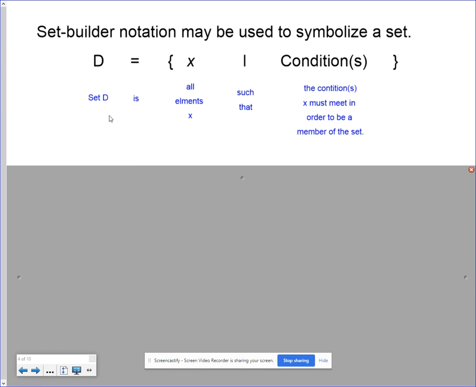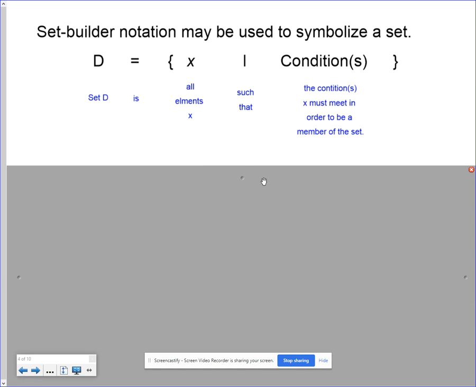Here's an example. We've got the set D. The equal sign means is. So this is read, D is equal to the set. Anytime you see this symbol, we read it as a set. X, all elements X, and then this little line right here means such that, and then you give the conditions.